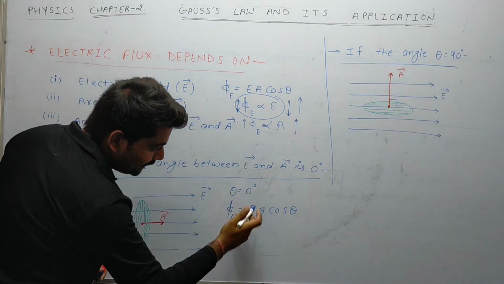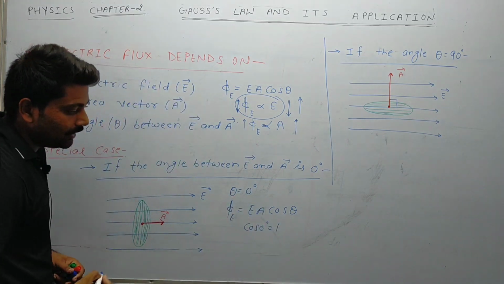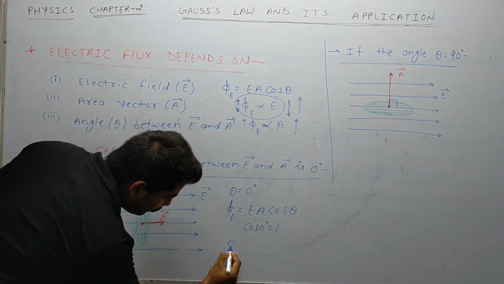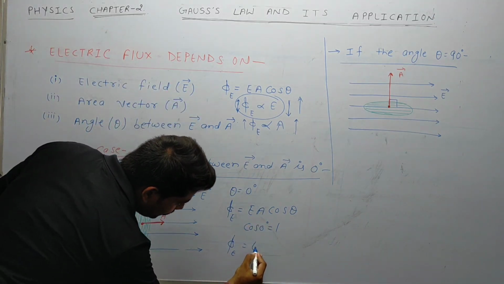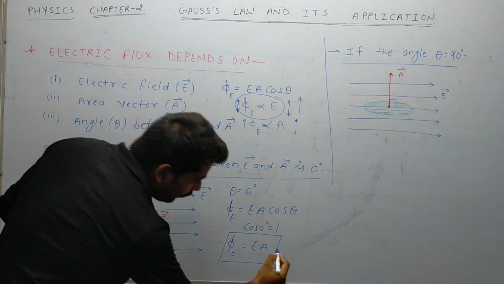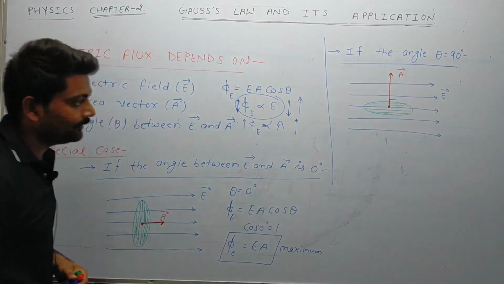Here theta is equal to 0 and cos 0 is equal to 1. This is the maximum value of cos. So, phi E is equal to E A, and electric flux will also be maximum in this condition.